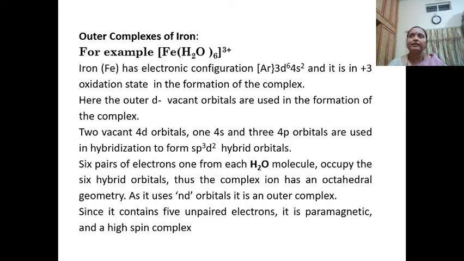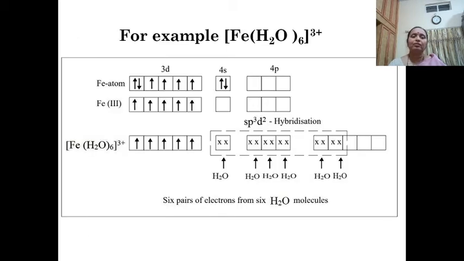In this case, it is using the nd orbitals. So it is going to be an outer complex. And as it has not used the inner d orbitals, the inner d orbitals have 5 unpaired electrons. So it is paramagnetic and it is a high spin complex.